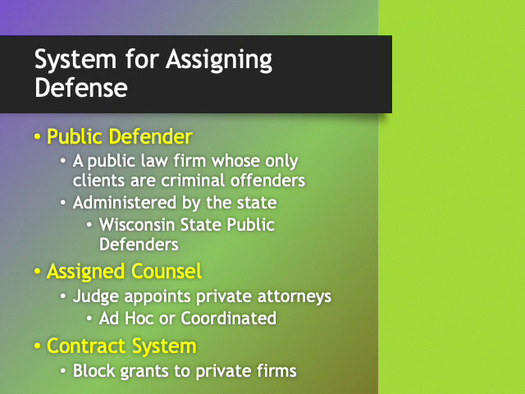And you'll read more about that in the textbook. A contract system is where a block grant, a grant of money, is given to a private firm, and then they are obligated, under that contract period, to provide criminal defense for those who can't afford it. So read more deeply about those in your textbook to get an idea of the pros and cons of these different systems for assigning defense for those who cannot afford it.